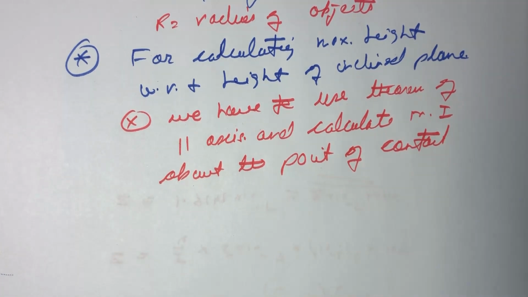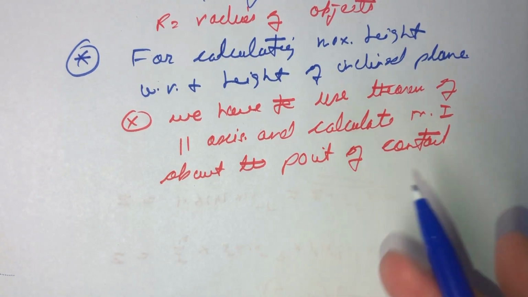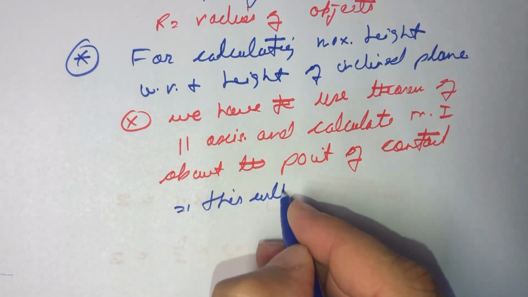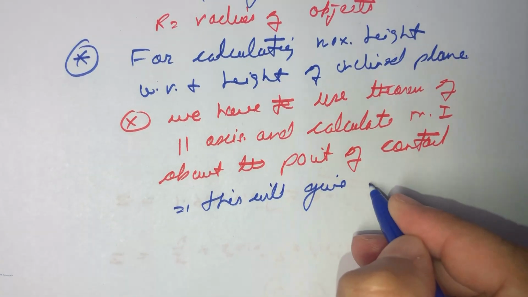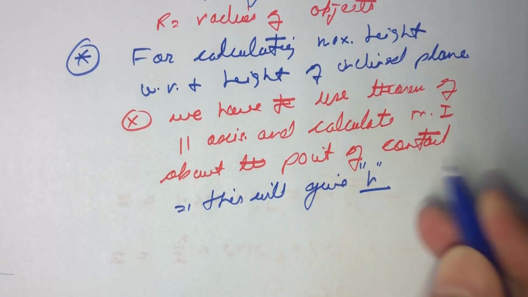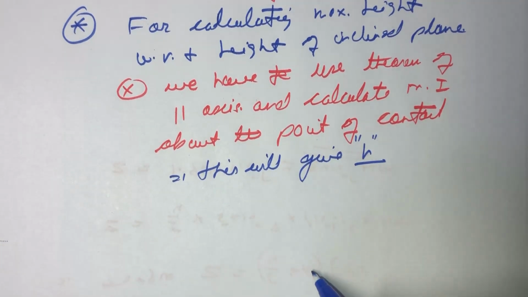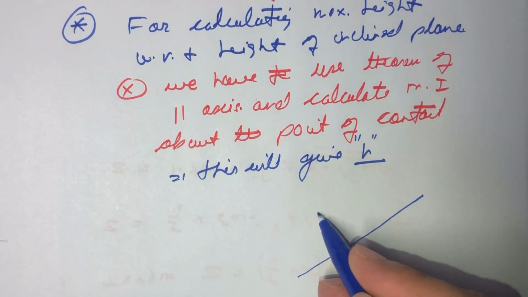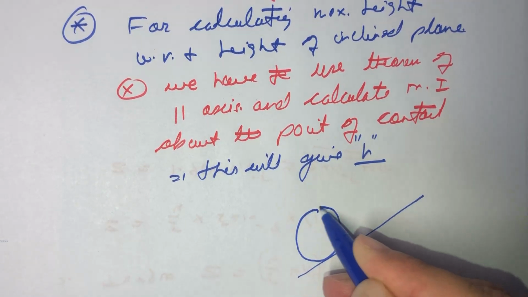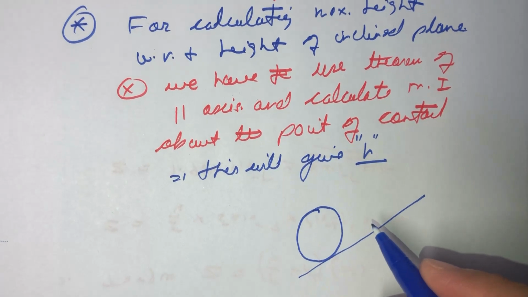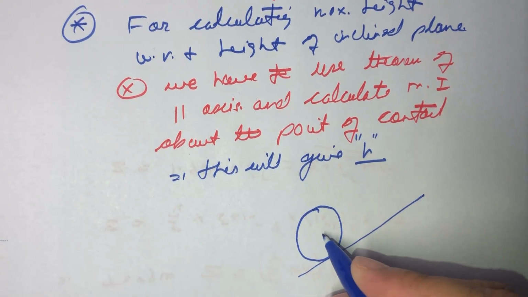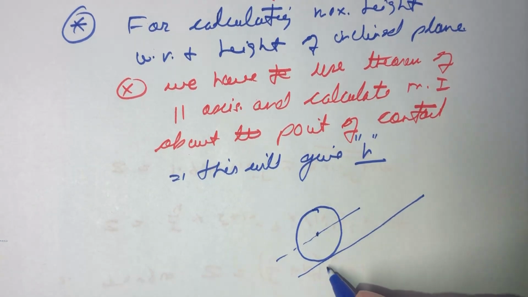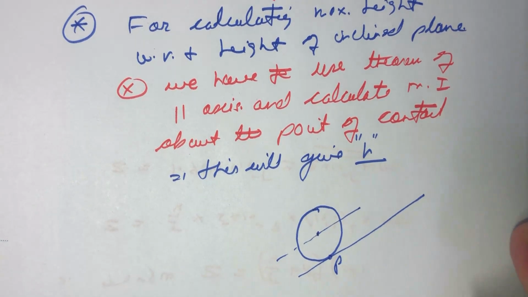This will give us h. So basically this is the inclined plane and this is our object. So we calculated the moment of inertia about this, and suppose P is the point of contact.